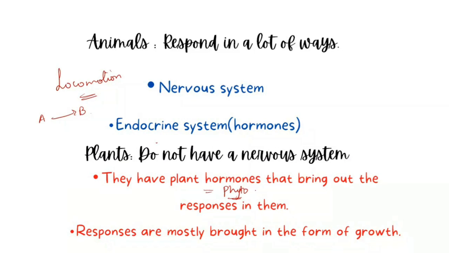Phytohormones is another name for plant hormones, and these bring out the responses in them. Plants do not have a nervous system. Instead, they show responses in the form of growth.